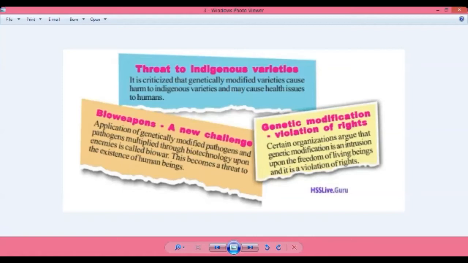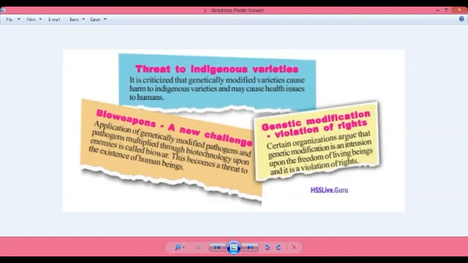Then next is bioweapon, a new challenge. Bioweapon means application of genetically modified pathogens. A disease causing microorganism is known as a pathogen. Applying these genetically modified pathogens multiplied through biotechnology against enemies is known as bio war. This becomes a threat to the existence of human beings.